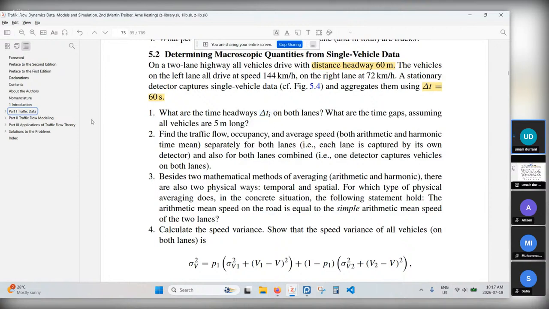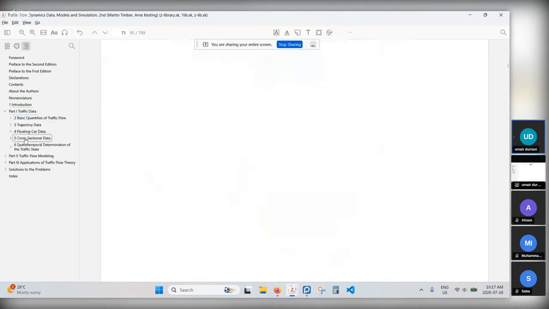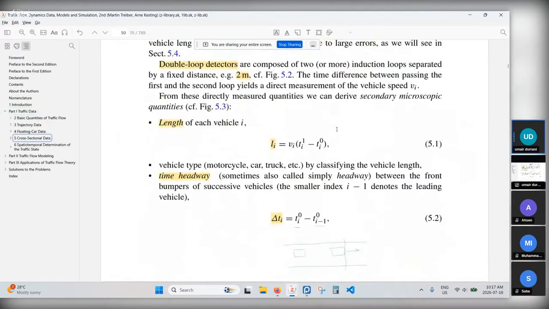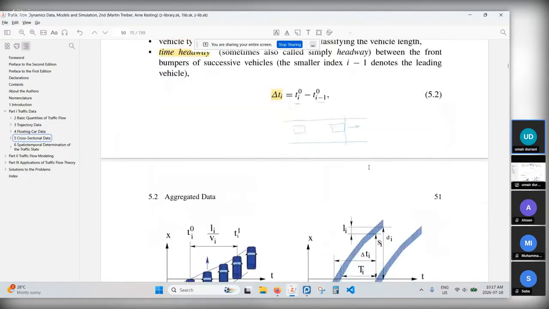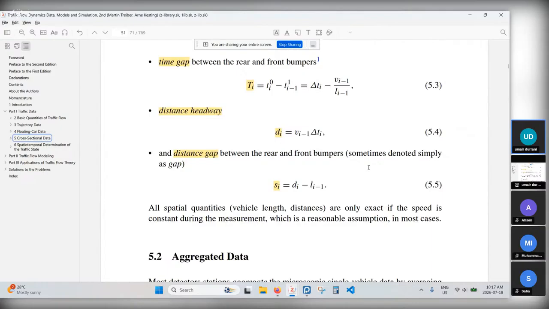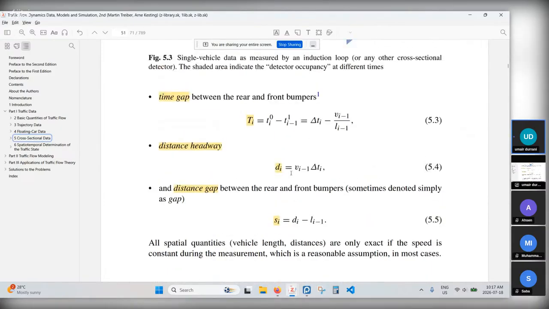So if we go to the beginning of the chapter, let me go to cross-sectional data. And here we have the definition of the time headway as well as the distance headway. So the distance headway tells us that the equation is the speed of the lead vehicle into the time headway. We want to estimate the time headway as per the question.